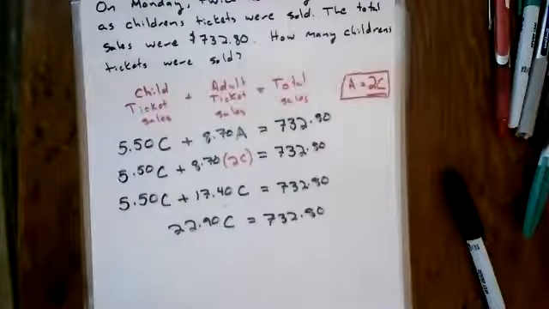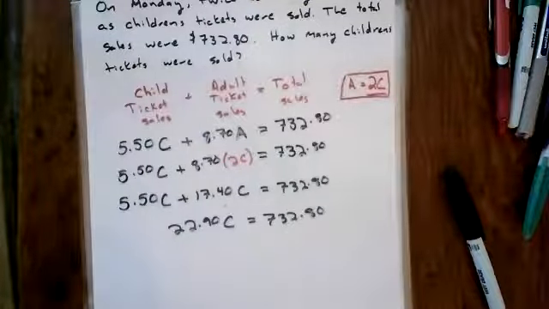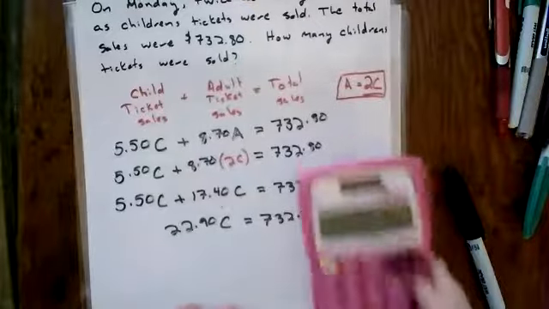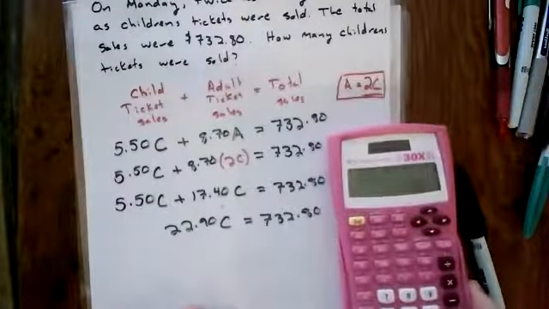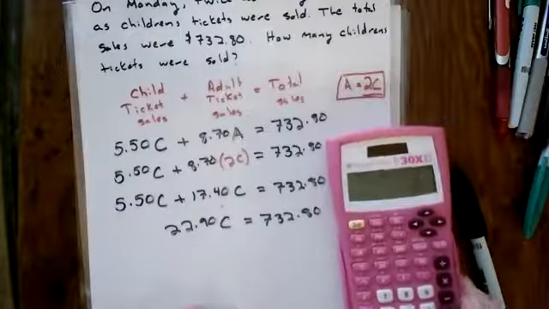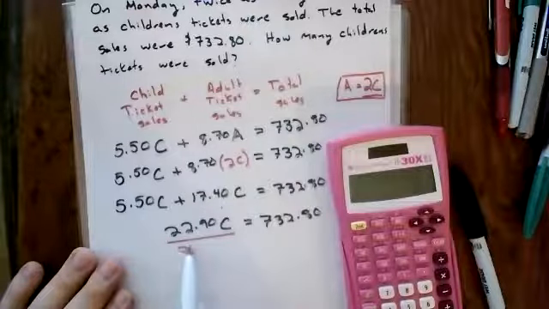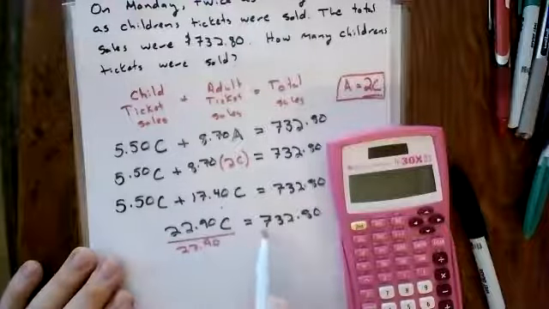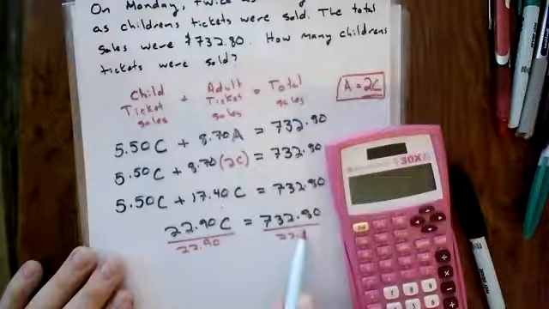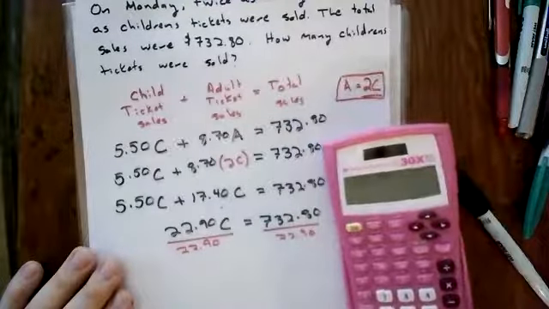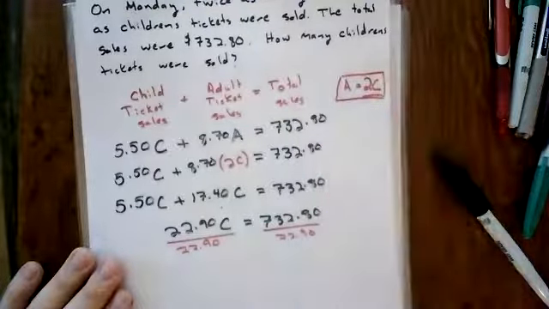And let's see. When we solve this, all I'm really doing here is using my calculator. I'm dividing both sides by this coefficient, by 22.90. And I've got the answer of 32.